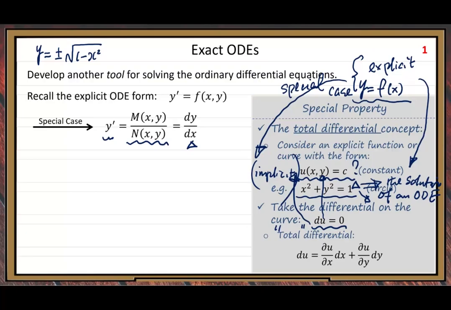Regarding the x variable, when you have a u function, it's a function of two variables, x and y. Now let's think about when we take a derivative of this function.